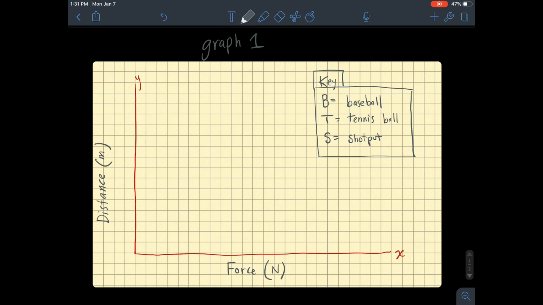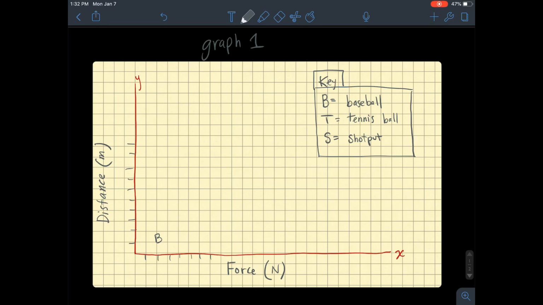Once you have your axes labeled, make sure you add the numbers to your grid lines. I'm not going to do that here because I'm just going to be making some estimates. Let's say that you launch the baseball with just a little bit of force, and so it just goes a little bit of distance. I would put a letter B there. The second time I launched the baseball with a little bit more force, and it went even further.